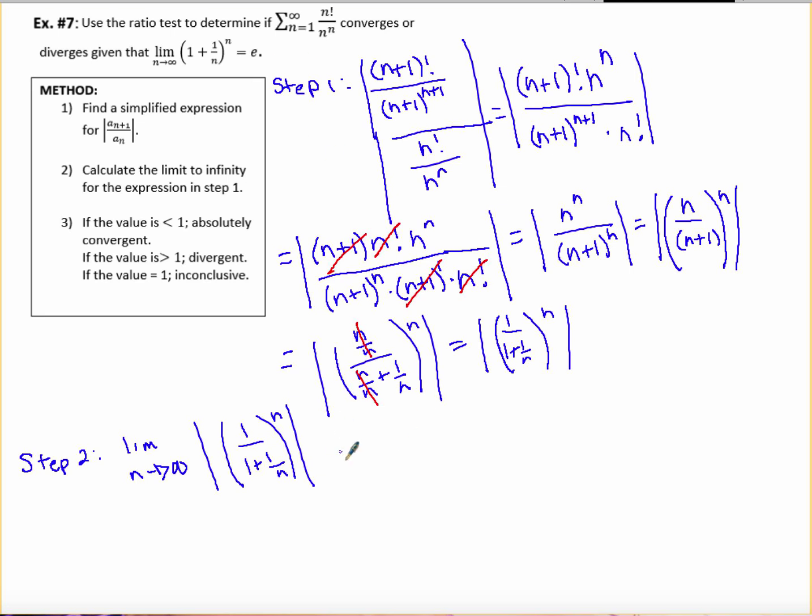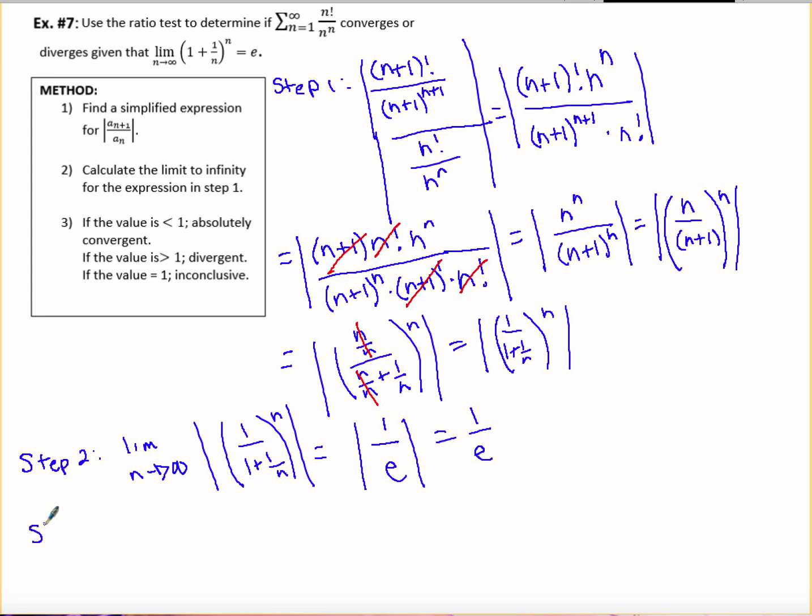The only thing to note here is that it is in the denominator. And you know 1 to any power is still 1. So we're going to get the absolute value of 1 divided by e. Remember, the limit as n goes to infinity of 1 plus 1 over n to the nth power is e. Well, the absolute value here is just 1 divided by e. I love the natural base too.